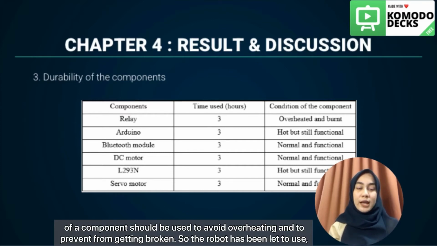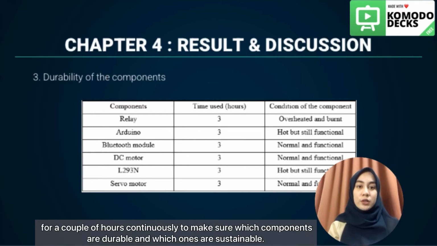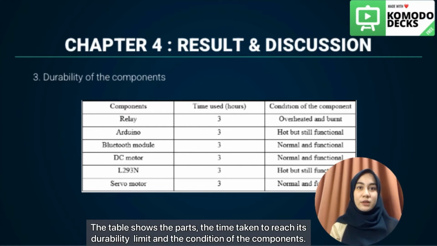The robot was left running continuously for a couple of hours to determine which components are durable and sustainable. The table shows the parts, the time taken to reach their durability limit, and the condition of the components.